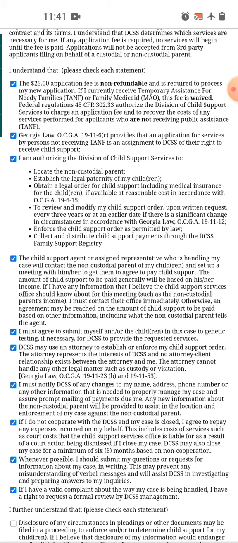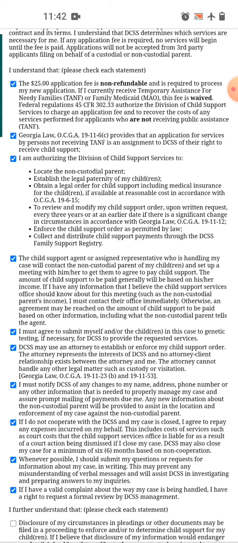To review and modify my child support order upon written request every 3 years, or at an earlier date if there is a significant change in circumstances, in accordance with Georgia law 19-11-12.